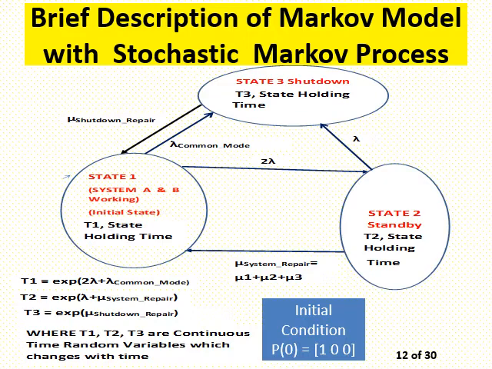In state 1, the state holding time is T1. The probability of state 1 is 1 and the probability of being in other states is 0.